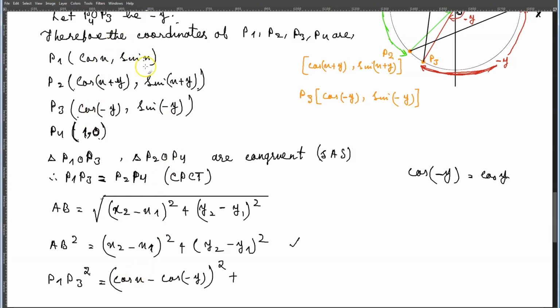sin x minus sin negative y whole squared.